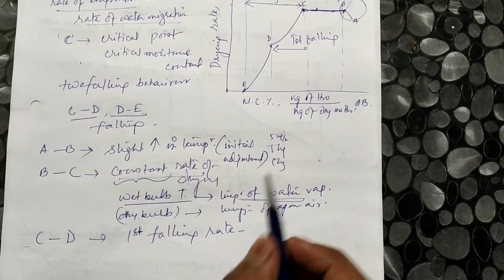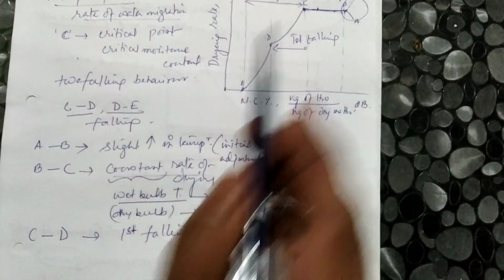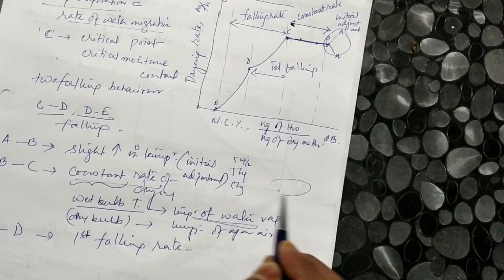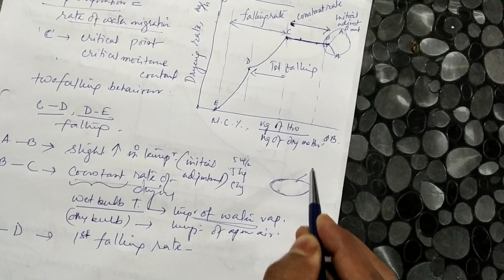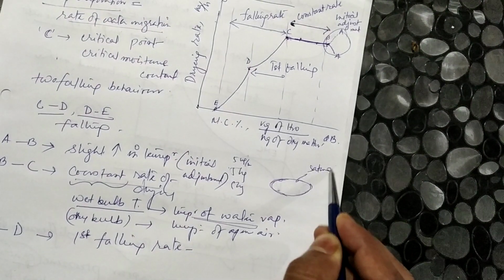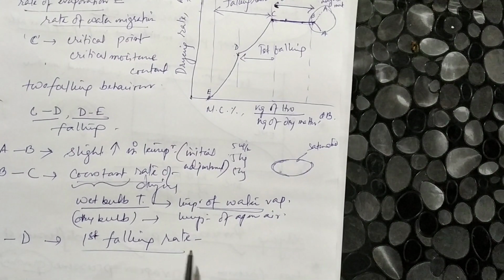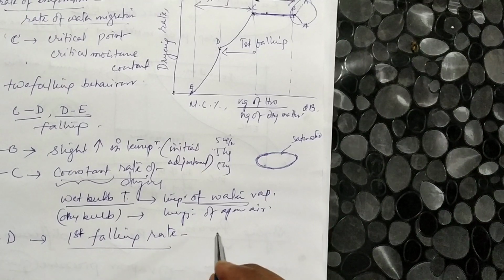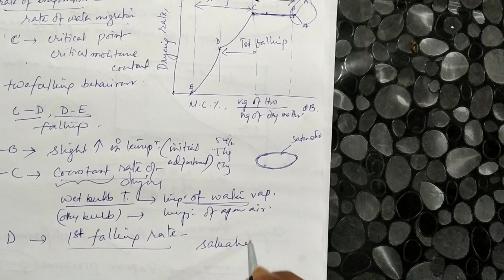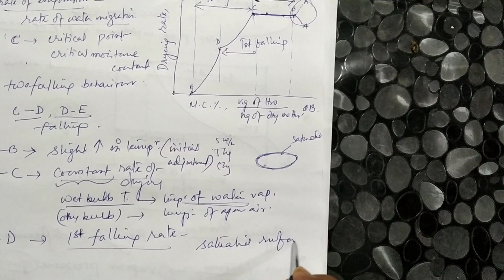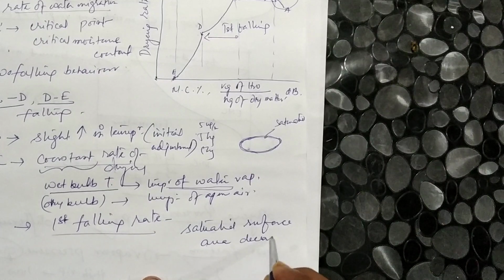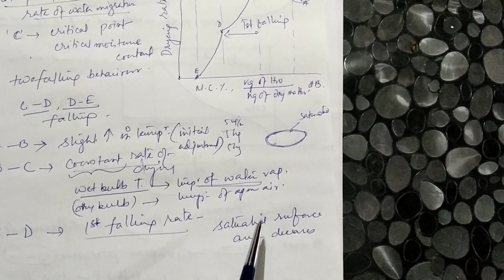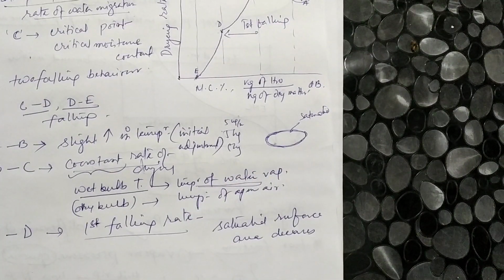And why? Initially, in the constant rate condition, the grain surface is fully saturated. But in the fast falling condition, the saturated surface area decreases. That is why uniform drying is not exhibited here.